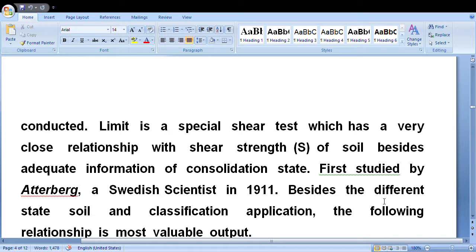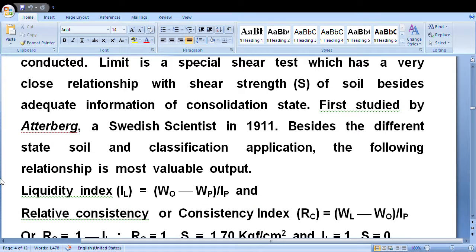Besides the different states of soil and classification applications, the following relationships are most valuable outputs. One is the liquidity index.